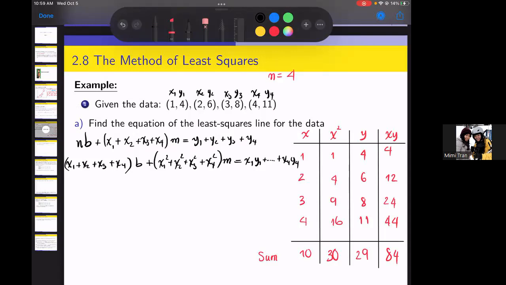All right, plug it in. Let me write b and m in red so that we know this. You know n is 4, so 4 times b is 4b. The sum of x times m: sum of x is this column, 10, and m. Equal what? Sum of y, column 29.